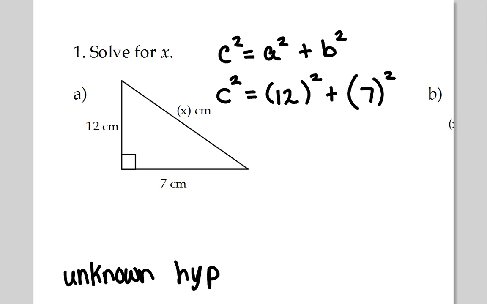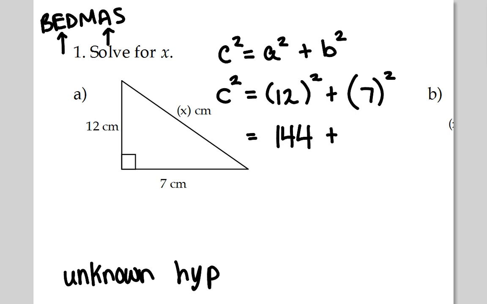You guys recognize this acronym? BEDMAS. You must do exponents before you add. That's order of ops, order of operations. 12 squared is the same as 12 times 12, that is 144. 7 squared is 7 times 7, it is 49.